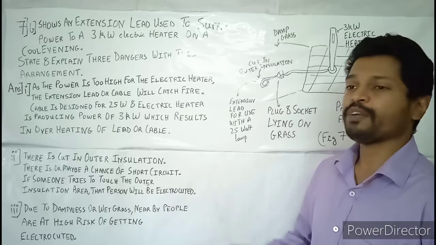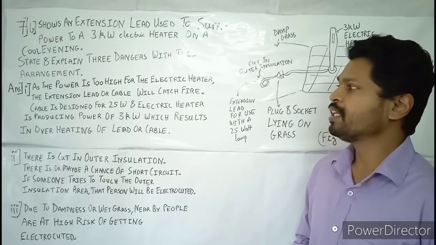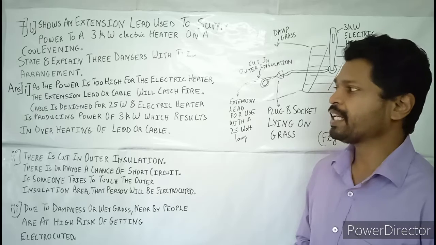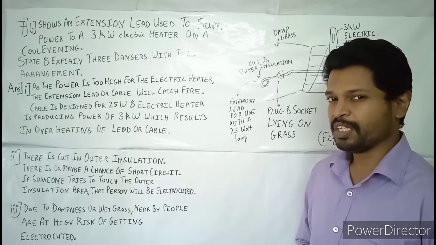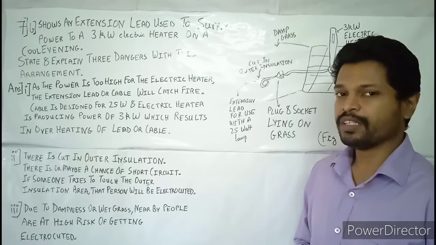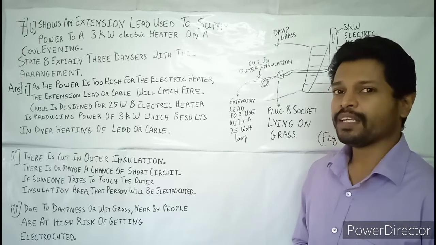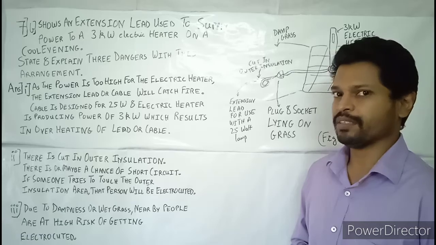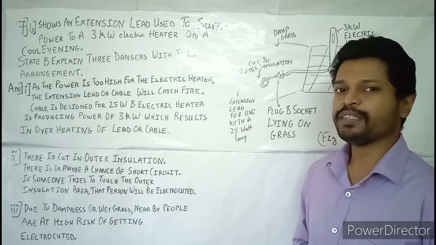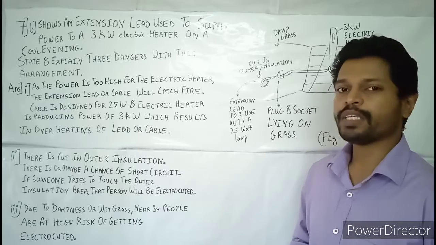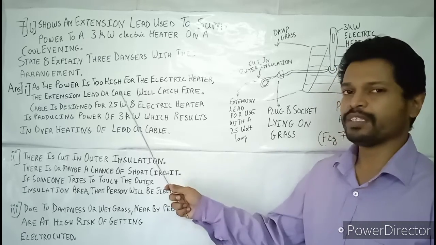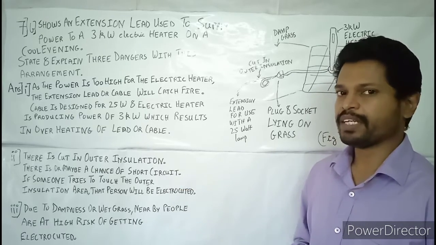The cable is designed for 25 watt, and the electric heater is producing power of 3 into 10 raised to 3 watt, which results in overheating and the cable or the lead burns. So the first point is that due to overheating the cable burns. This is the first danger we have covered.